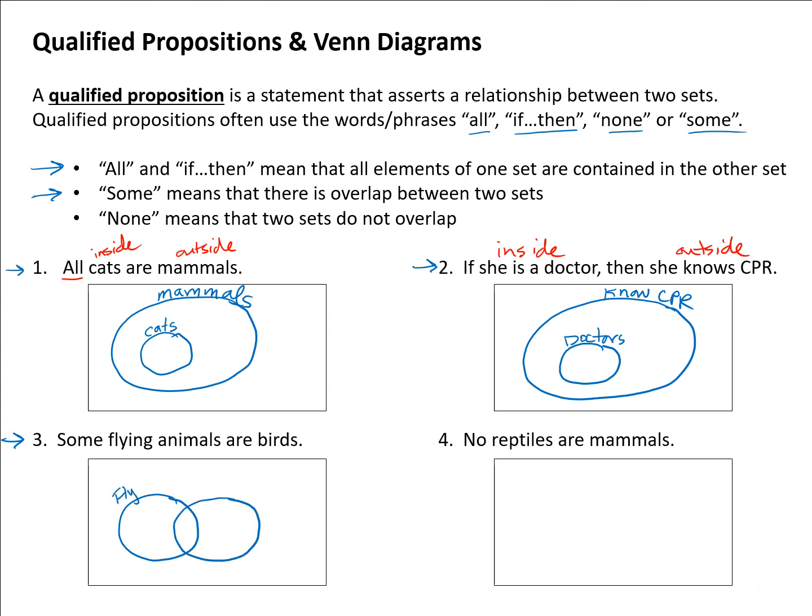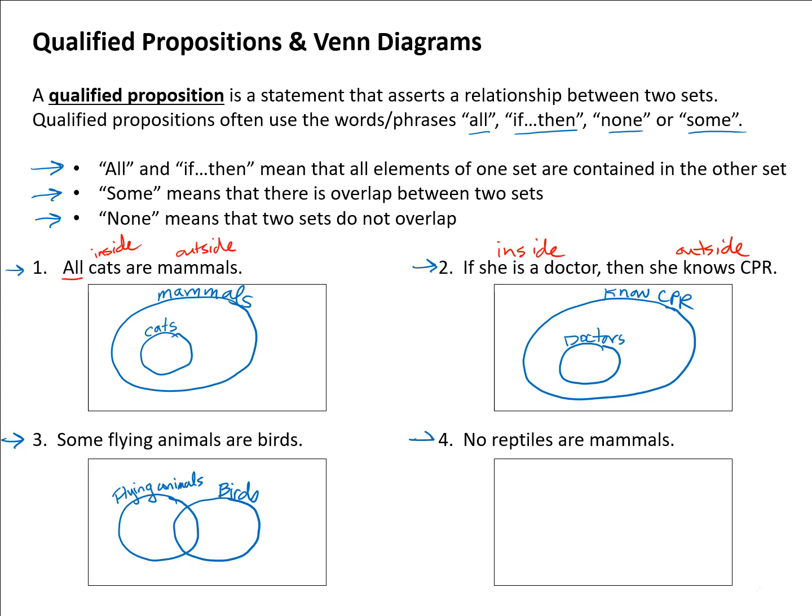Flying animals overlaps with birds. So whenever you see the word some in a sentence, that means you have two sets that are overlapping.